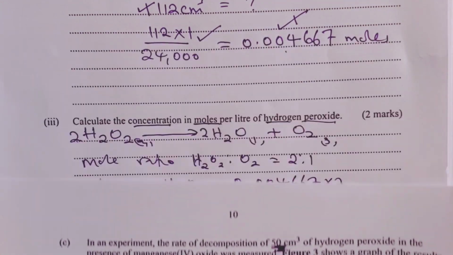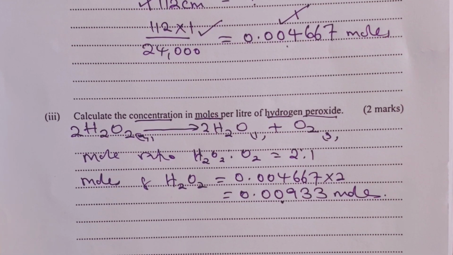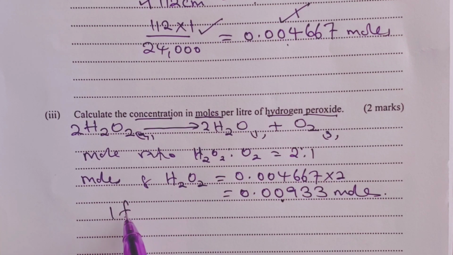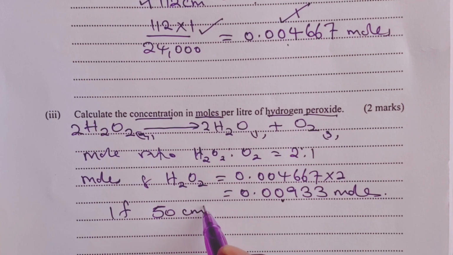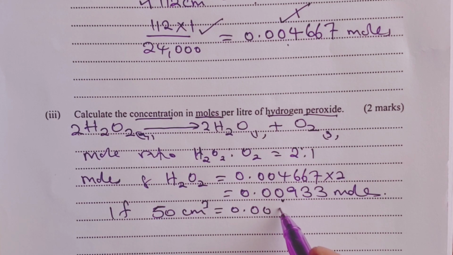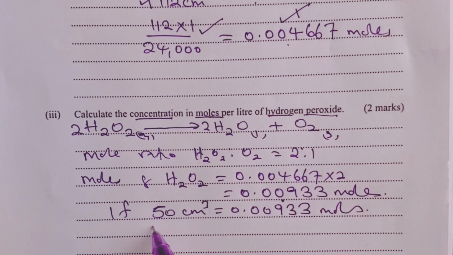So the volume we used was 50, and we shall use that to help in working out the concentration in moles per liter. So argument would be that if 50 cubic centimeter was equivalent to 0.00933 moles, how about a liter of solution?